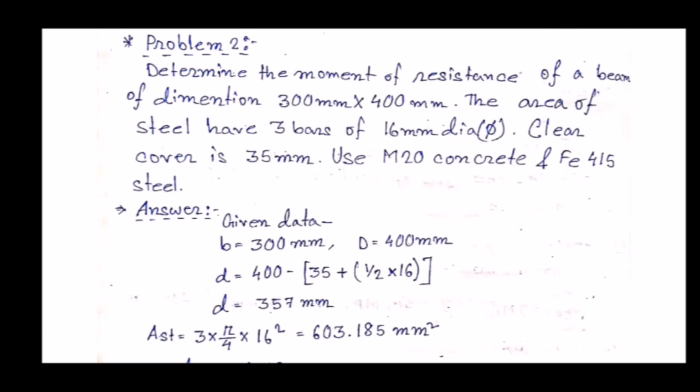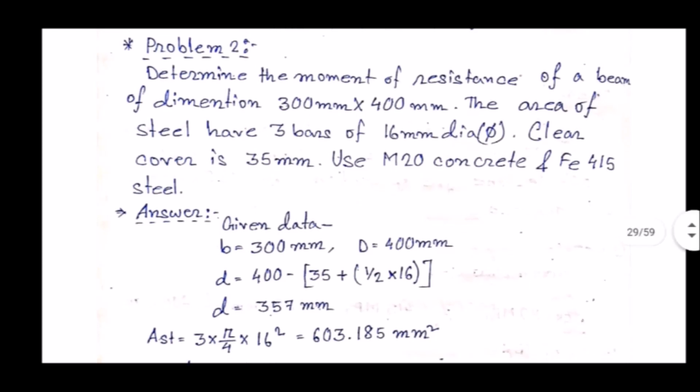So as per the question, we have to find out the moment of resistance. The width of the beam, that is small b, is 300 mm, and the overall depth, that is capital D, is 400 mm. Clear cover is mentioned here as 35 mm.